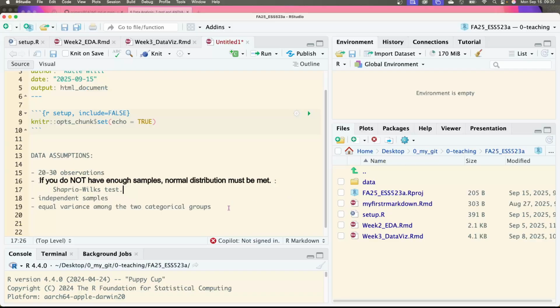And then with our equal variance among the two or more categorical groups, to test whether or not our groups have that equal variance, so similar peakiness, the test that we perform for that is the Levene's test.